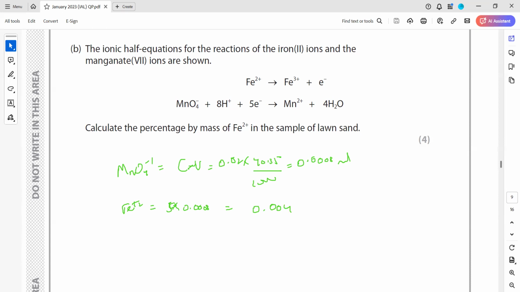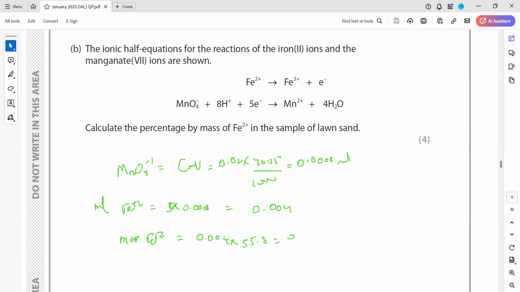And after getting the moles of iron 2, what about the mass of iron 2? These are the moles. The mass of Fe plus 2 will be moles multiplied by the molar mass. 0.004 multiplied by the molar mass of iron, 55.8 or 56.